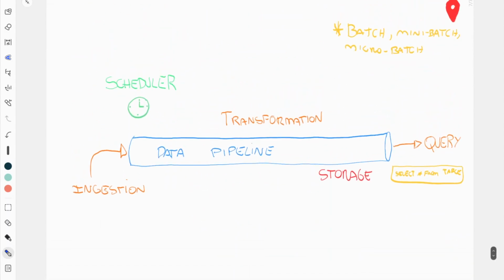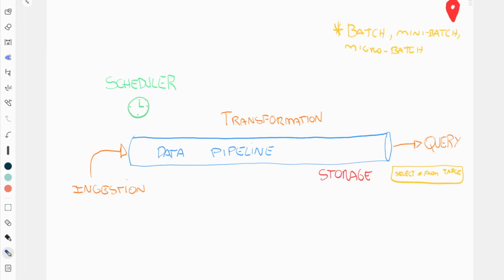And these pipelines are basically in this format, but I should say that these are for batch, mini batch, and micro batch, because if you're using streaming data pipelines, you probably won't need a scheduler.